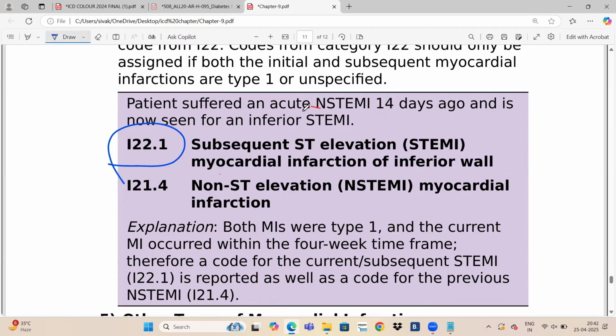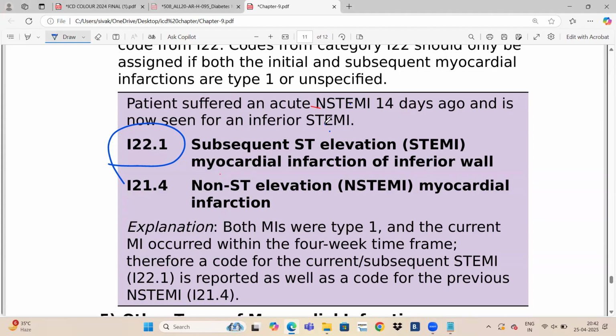Patient suffered an acute STEMI 14 days ago. 14 days ago means it was subsequent, right? And is now seen for inferior STEMI, which means it was a new MI. Patient has STEMI and new MI, both. Okay? STEMI and subsequent. Both we need to code. Clear?